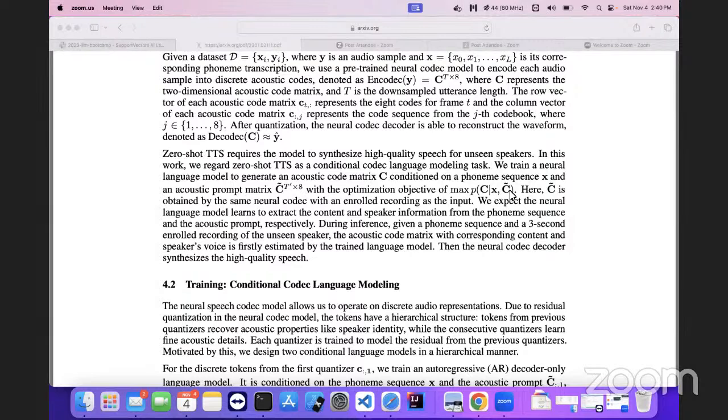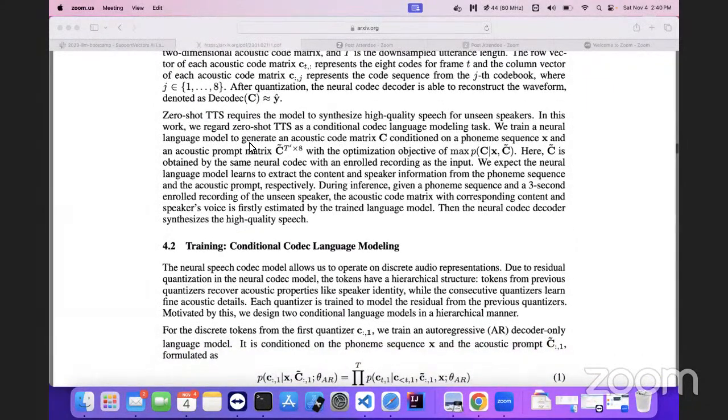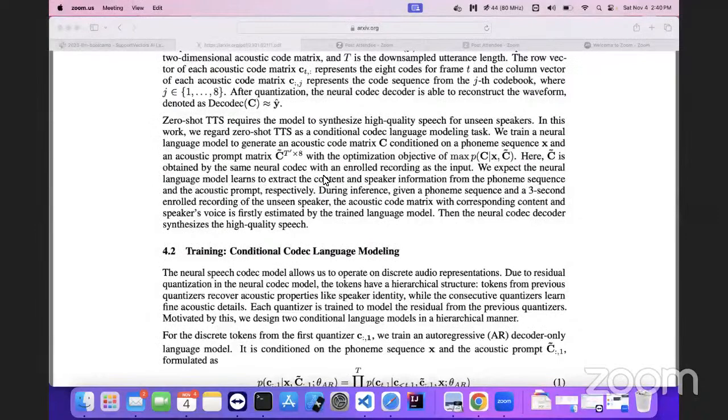So given these two, X and C tilde, you are generating C. C is not the audio. C is just the latent vector representation of the output audio. Now, how do you generate the output audio? Just run the decoder of EnCodec on C, and you are going to get your output audio. So this is basically the problem formulation.